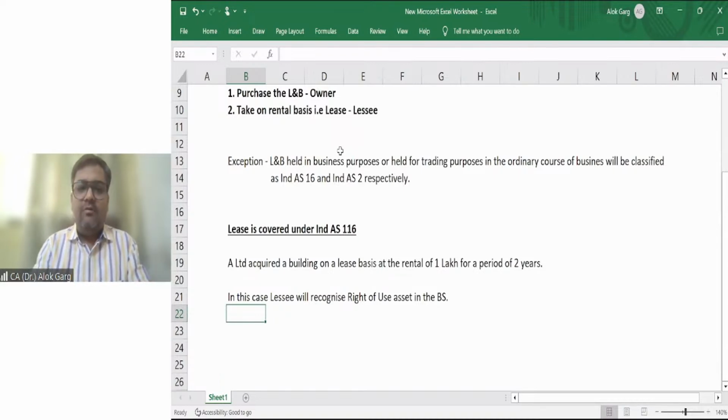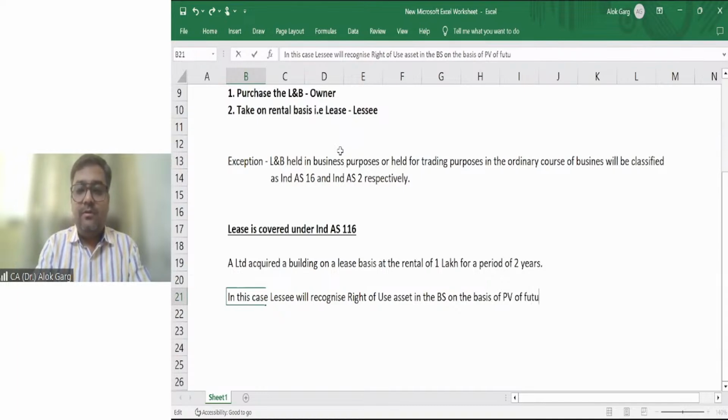And sir, how will the lessee recognize the right of use asset in the balance sheet? On the basis of present value of future lease rentals.